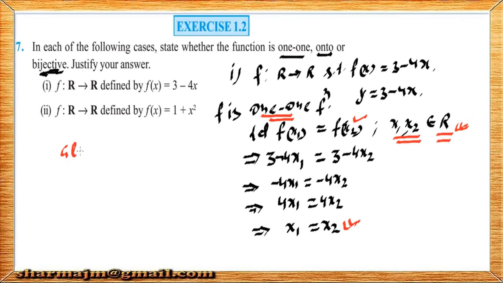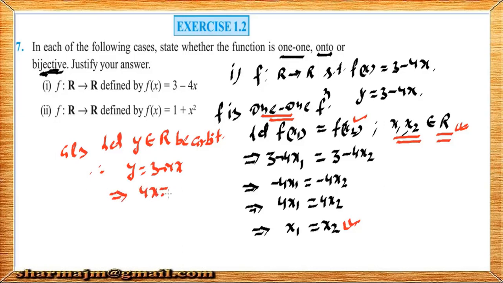Also, let y, an element of codomain, be arbitrarily chosen, any element of this. So y will be 3 minus 4x, which implies 4x is equal to 3 minus y, which implies x is equal to (3 minus y) upon 4, and this x is in R, in domain.